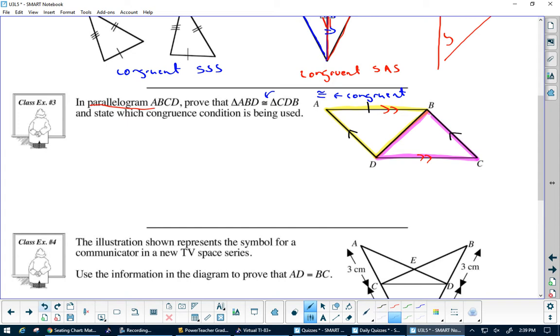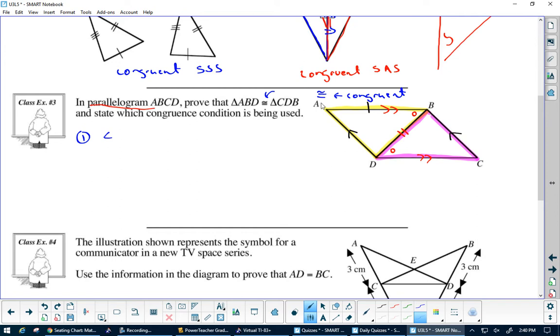They do share this side. BD has to equal BD. Why? Right. So if you guys could just kind of see this here, we have a Z. See this Z? So we could say that this would equal this, right? So we would say in our proof, number one, angle ADB equals angle, so ADB, no, sorry, I'm doing the wrong one right now.